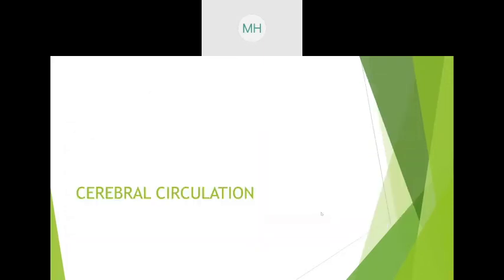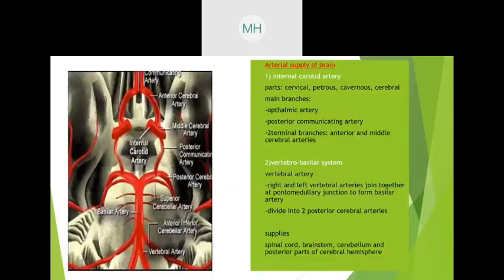All right. Next is the cerebral circulation. There are two main arterial supplies to the brain, which means the blood supply comes from two systems. The first is the internal carotid artery, and the second is the vertebrobasilar system.